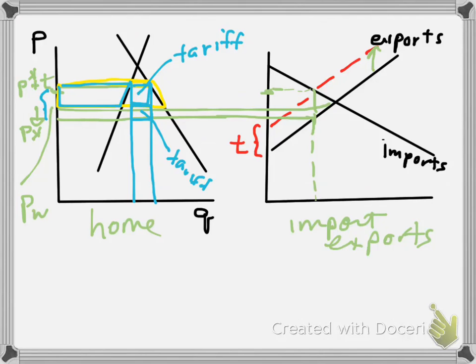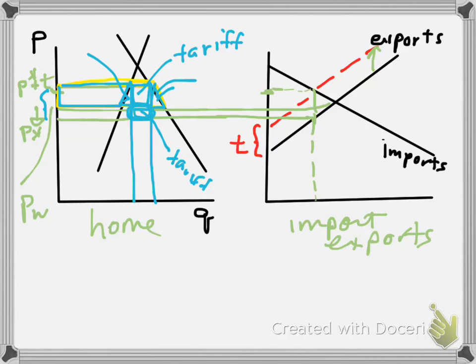So this is extra tariff revenue. And then we have our usual deadweight losses here, and our deadweight loss here. So now this triangle and this triangle are losses, but this rectangle here is tariff revenue that isn't being offset by the loss of consumer surplus.